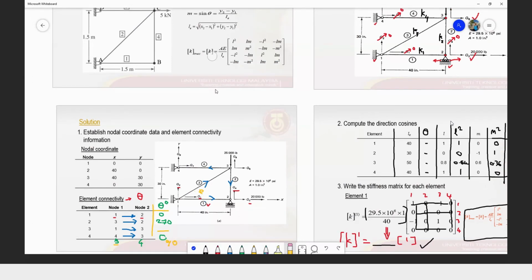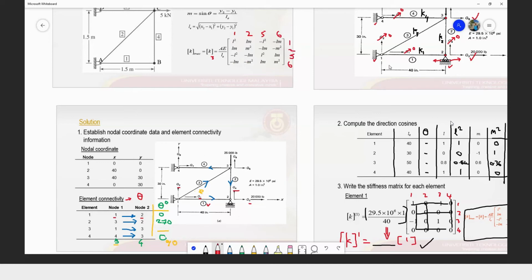Our element number 3 is connected from 1 to 3. So for the element number 3, from 1 to 3, kita ada 1, 2, 5 and 6. Kita boleh tulis 1, 2, 5 and 6. Sini pun sama lah, 1, 2, 5 and 6.